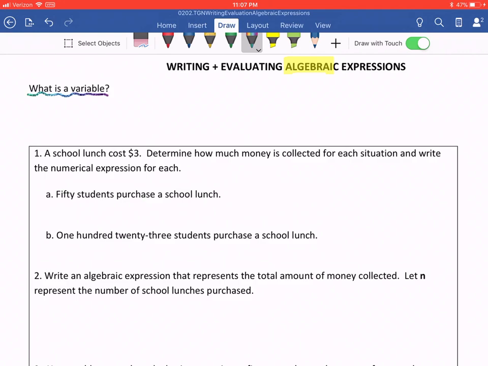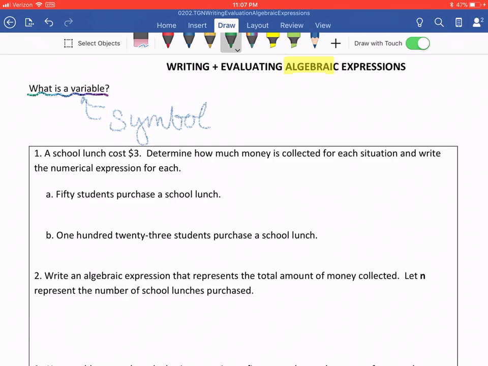All right, when I was flipping back and thinking back to what we learned on Friday, I remembered that a variable tends to be a symbol of some kind that we use to represent something that is going to change.